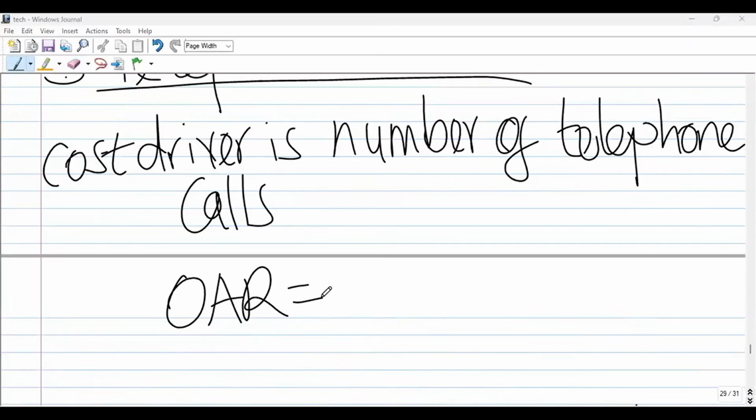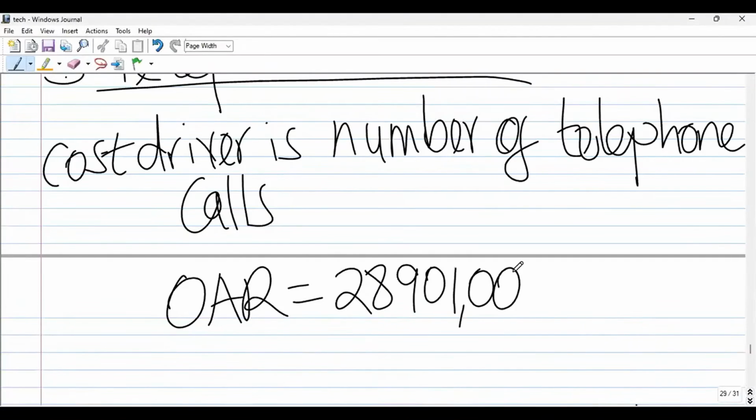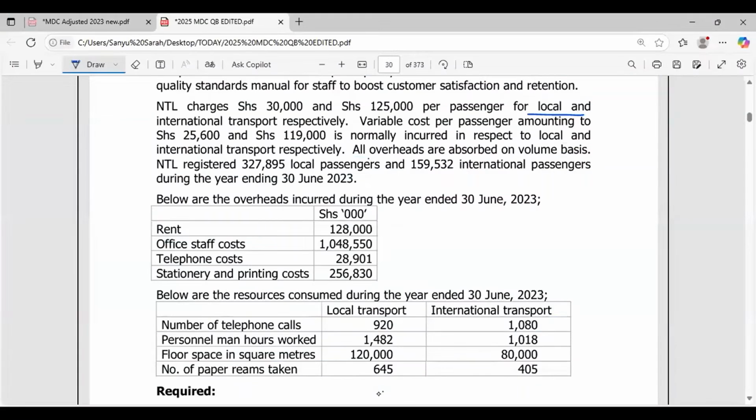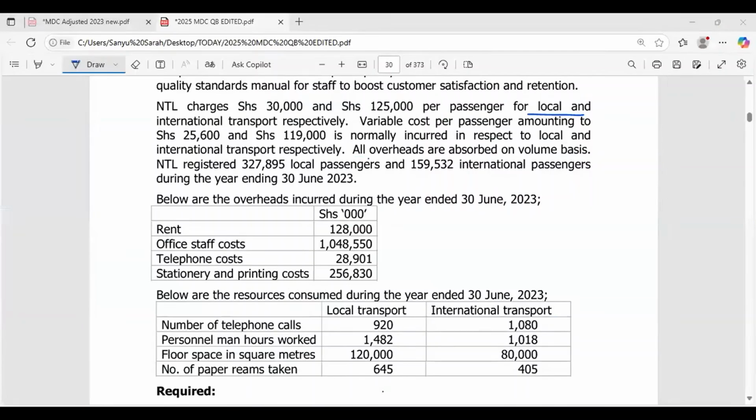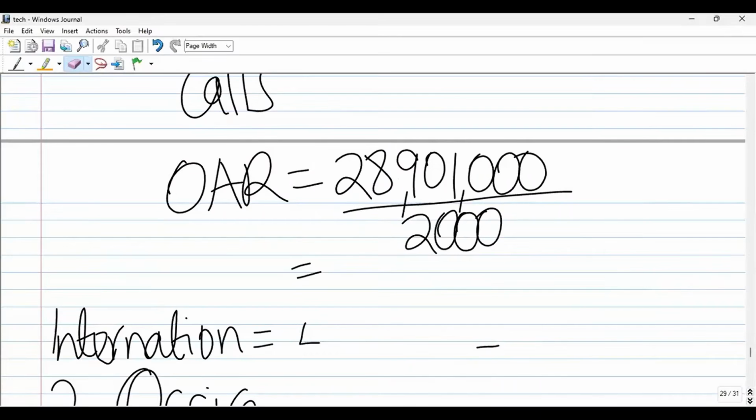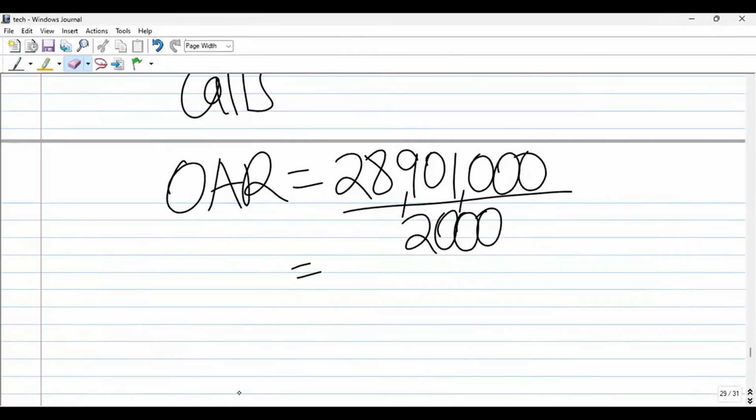The cost of telephone is 28,901 thousand divided by the total number of telephone calls. So what is the total number? 2,000. So what do we get? 14,450.5.